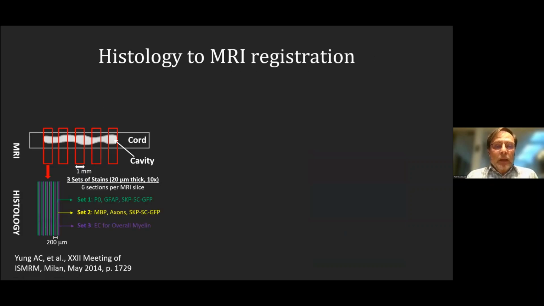Now, with regards to registration, we actually developed a pipeline that allows us to get a very accurate registration between the two.